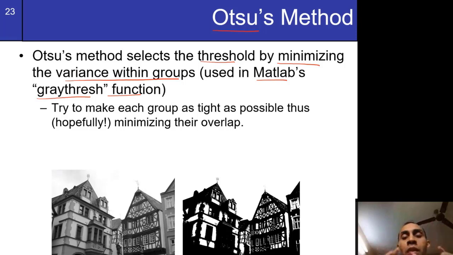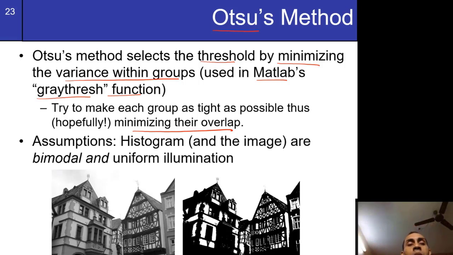When you make your groups tight and minimize their overlap, you will be minimizing the misclassification. So that is the idea. If you can classify your intensity values or pixel distributions into groups which are as tight as possible, then you will get the best possible thresholding.